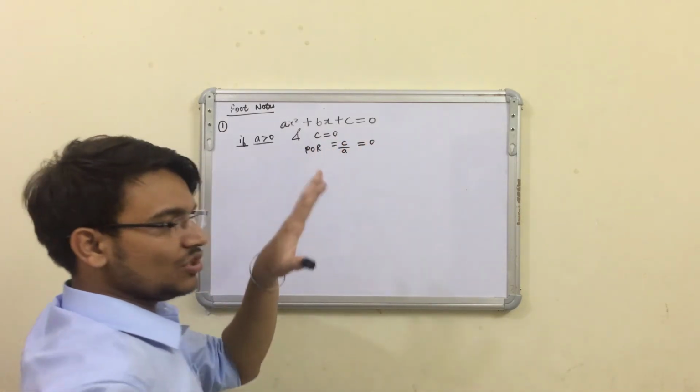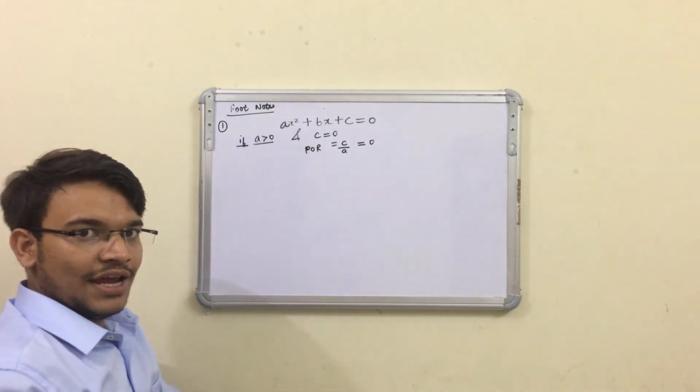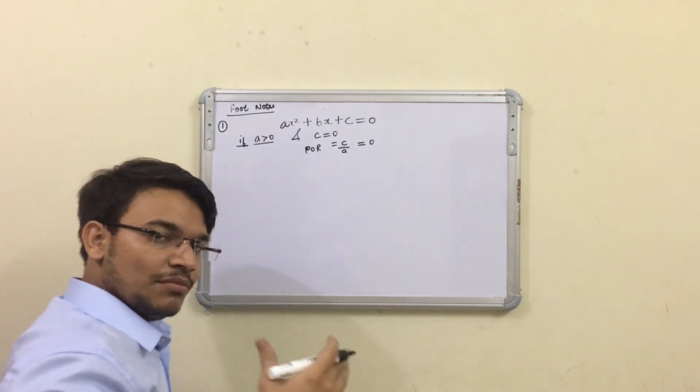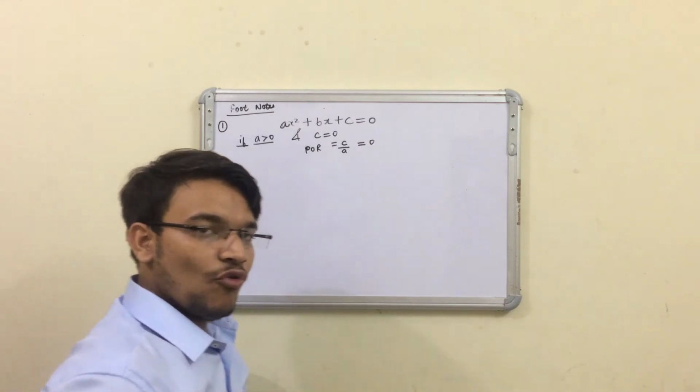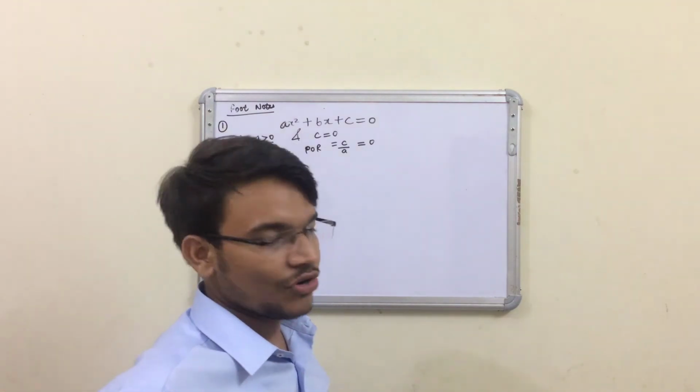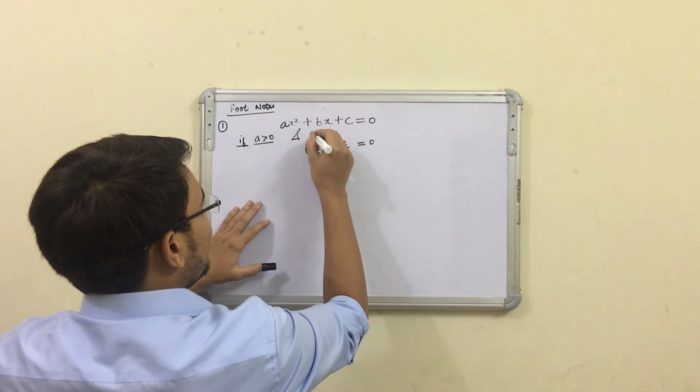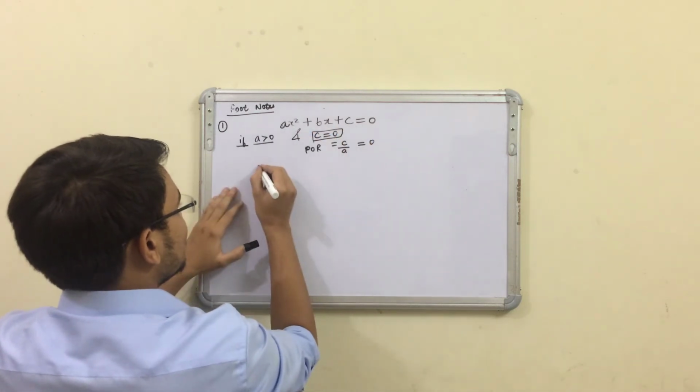The product of two numbers is 0 when one number is 0. Okay, this is obvious.